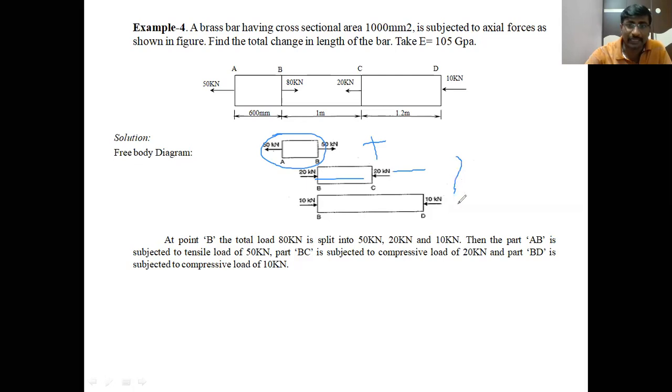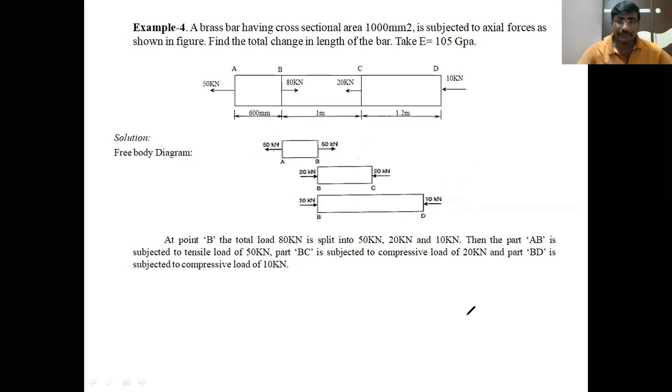These two sections, BC and BD, are negative. Why? Because in these two sections, compressive forces are acting. Only one section, AB, has tensile force acting. So the AB section increases its length, and the remaining two sections decrease their lengths.